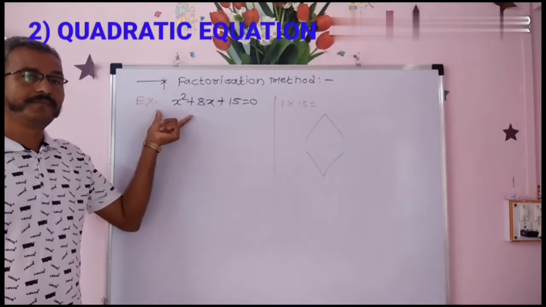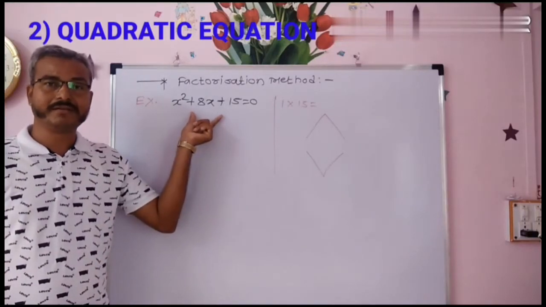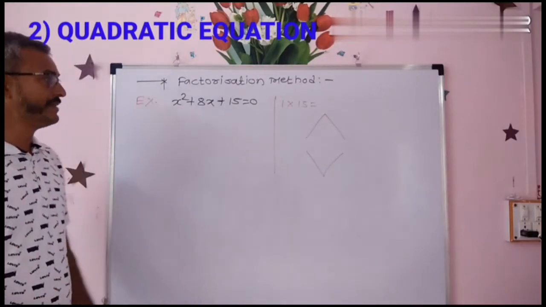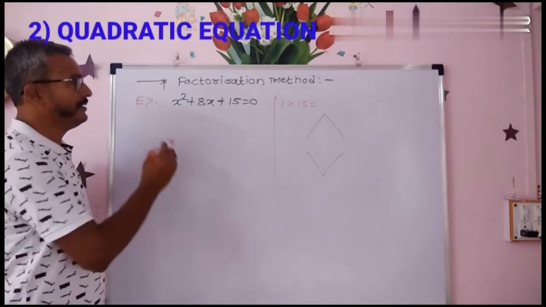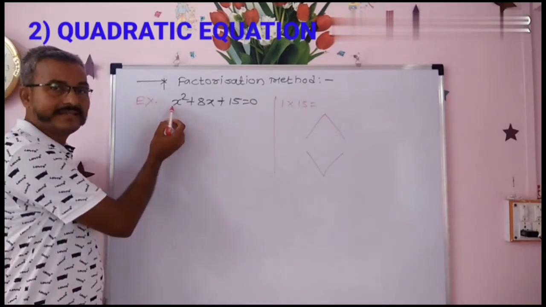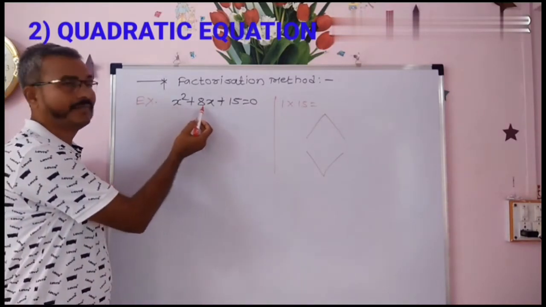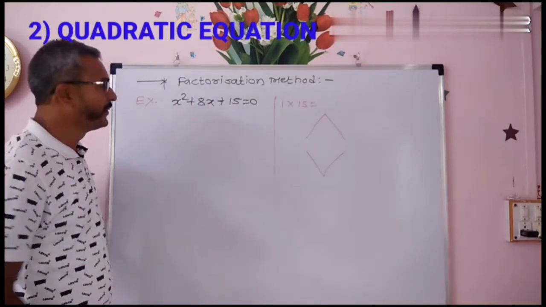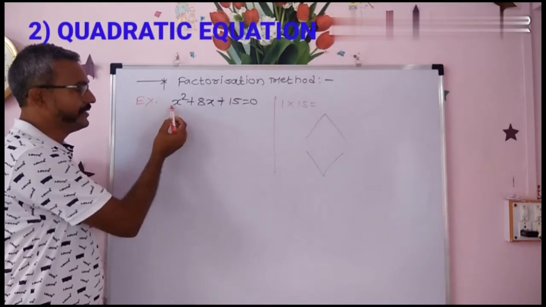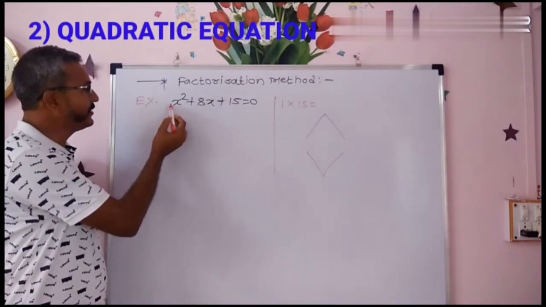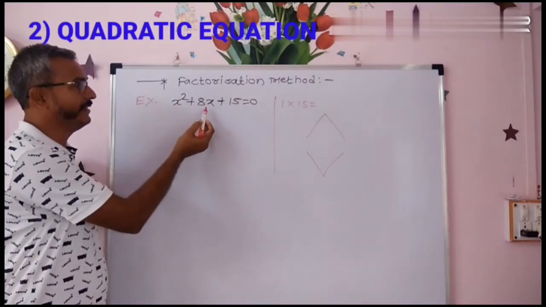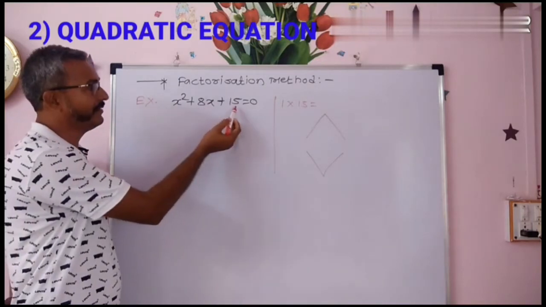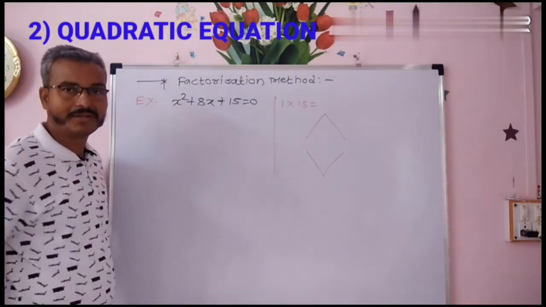See this example. This is a quadratic equation, and in this example we know that the first term is the quadratic term, the second term is the linear term, and the third term is the constant term. Of these, the first term is the quadratic term. There is no coefficient written for this term. In the linear term, 8 is the coefficient, and in the constant term, there is the number 15.